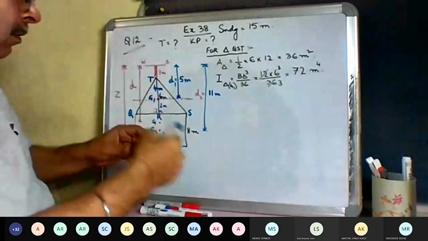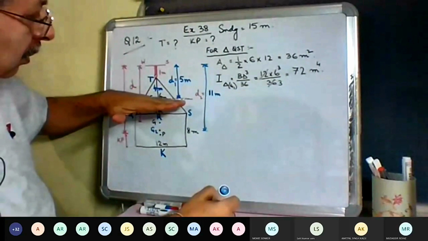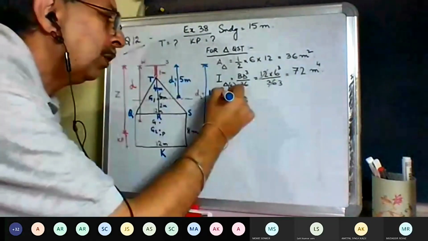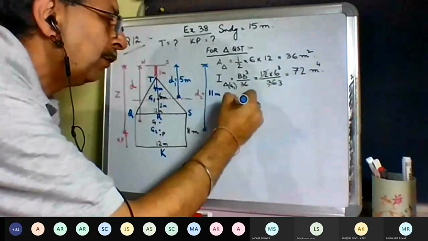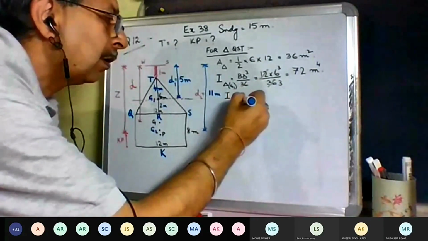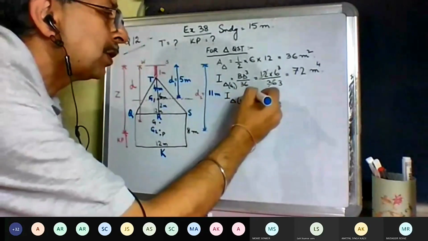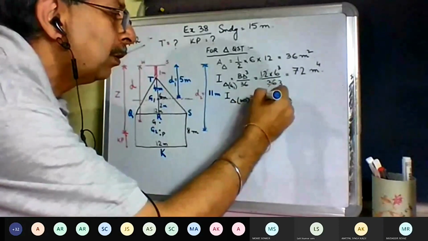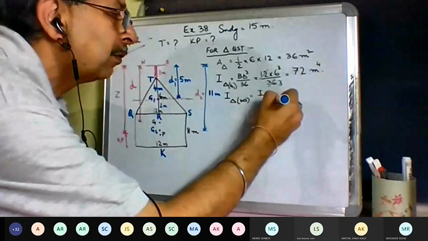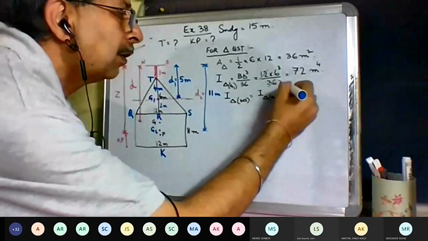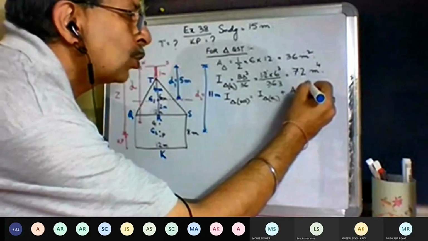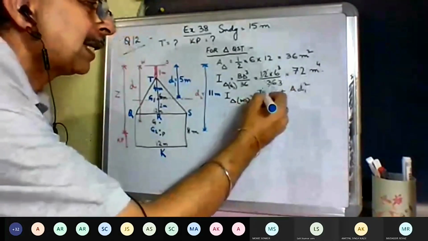But I want moment of inertia about the water surface. So I of the triangle about water surface will be I of the triangle about G1 plus A D1 square. I am applying the theorem of parallel axis.